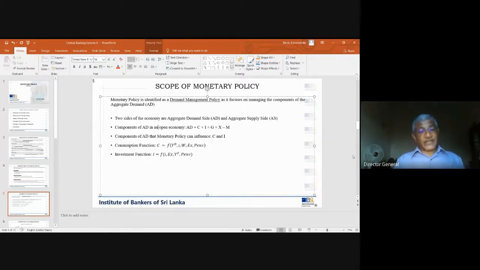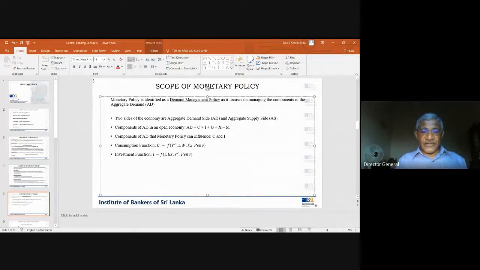Interest is again here. Before going to other variables, let's go to the investment function also. Investment expenditure also depends on interest rate, expectation, future income. Here we have interest rate.